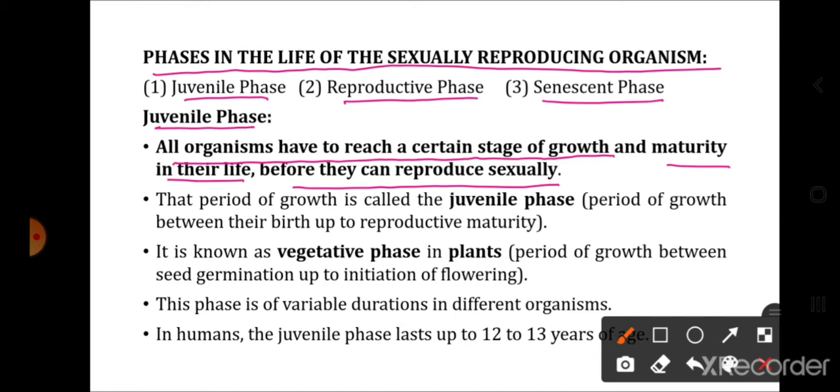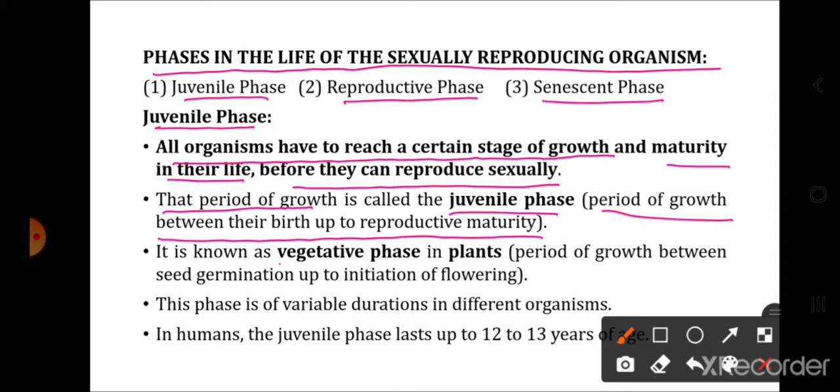That phase of growth and maturity is called the juvenile phase, the period of growth between birth and reproductive maturity.